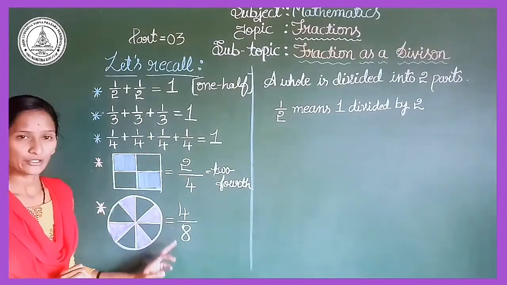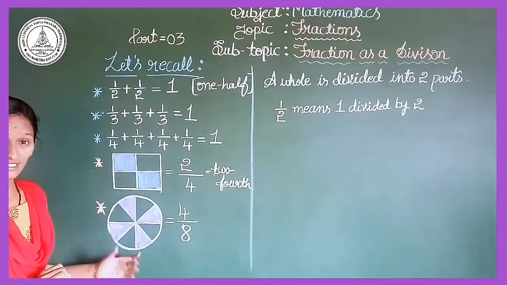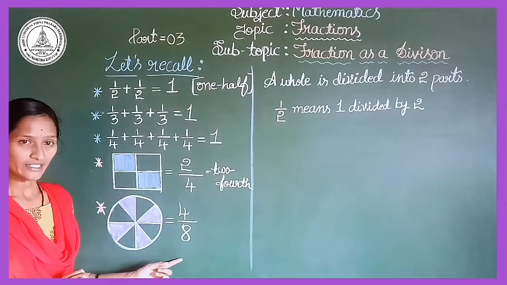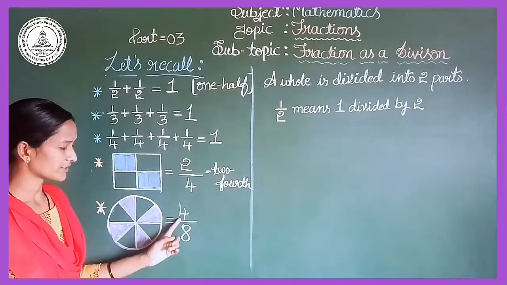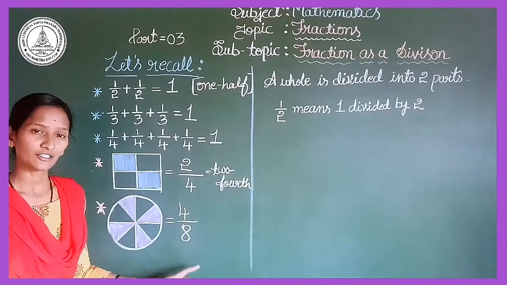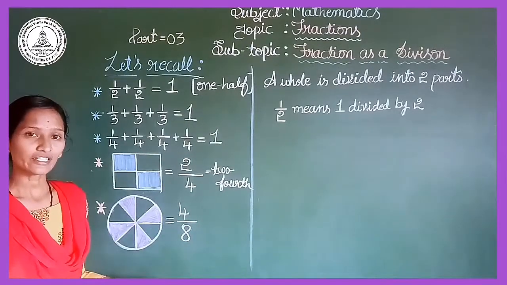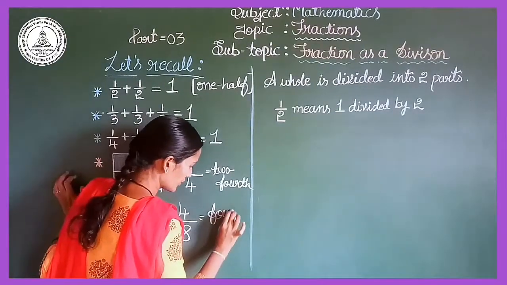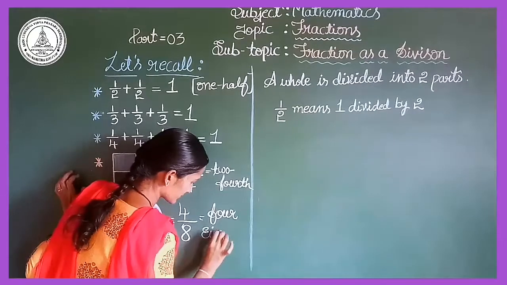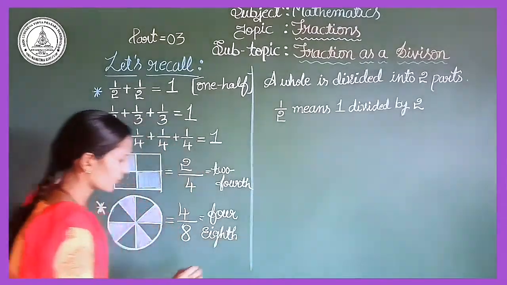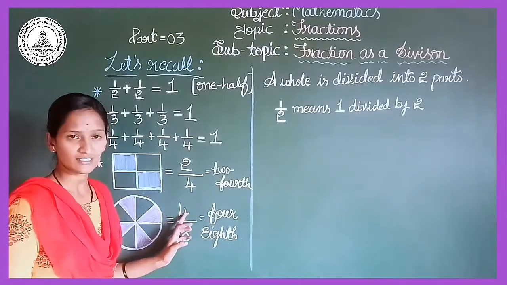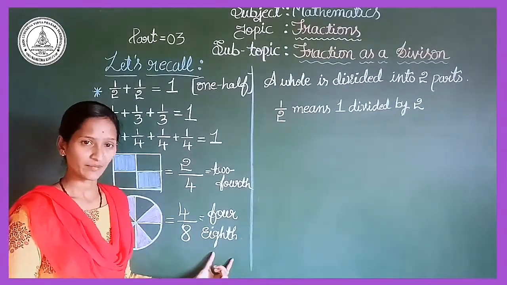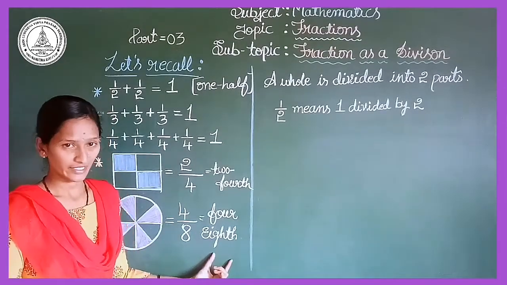What fraction does this picture show? It shows 4/8. In 4/8, 4 is the numerator and 8 is the denominator. How can you write it in words? Four eighths. So 4 is just a number, but 8 we write as a name. This is a number name.